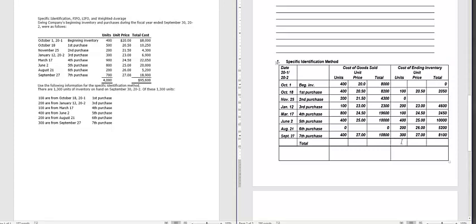We have 1,300 units here, and at a cost of $32,400. We have 2,700 units here at a total cost of $63,200. So we know 2,700 and 1,300 equal 4,000, and 63.2 and 32.4 are going to equal 95.6.